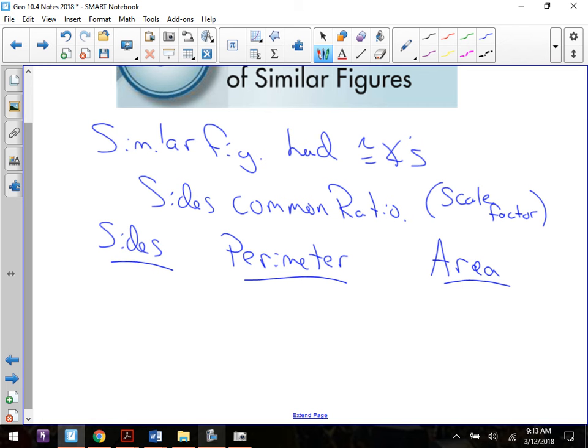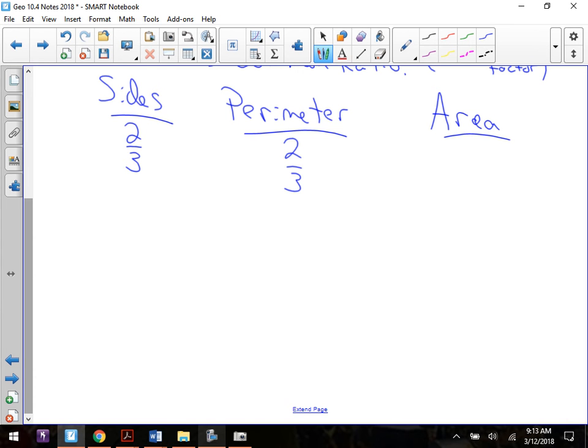Now, one of the really, really easy things to do here is that if you have sides that have a ratio of 2 to 3, that means the perimeter has a ratio of 2 to 3, and we did that before. Now, the areas will have a ratio of 4 to 9.